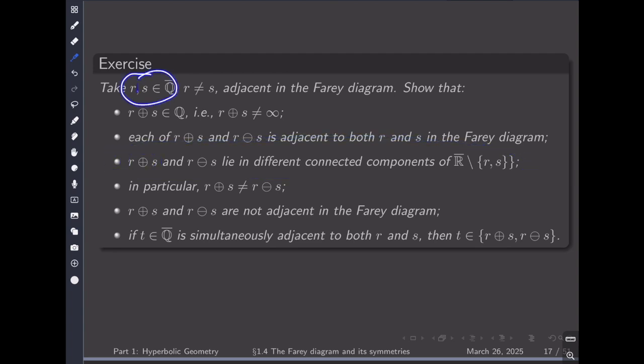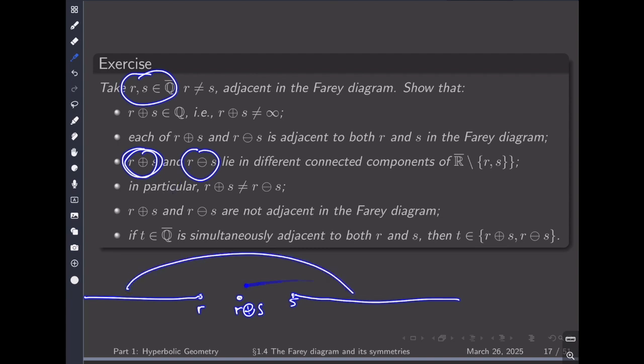If they are rational, we know that this one lies between R and S, somewhere in the middle. Now the exercise is saying that this one lies on the other side, somewhere here, where of course I pass through infinity and come back here.